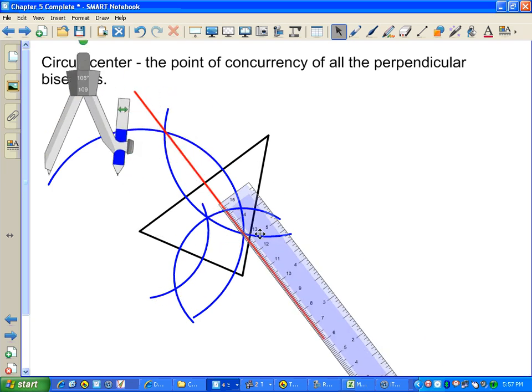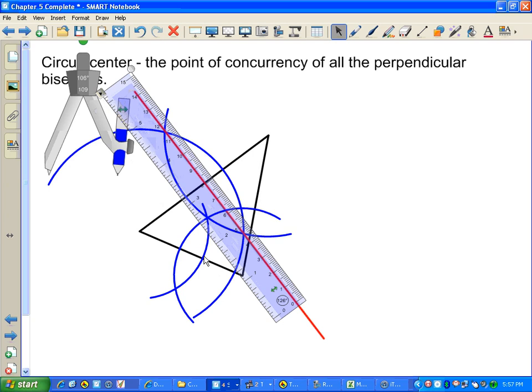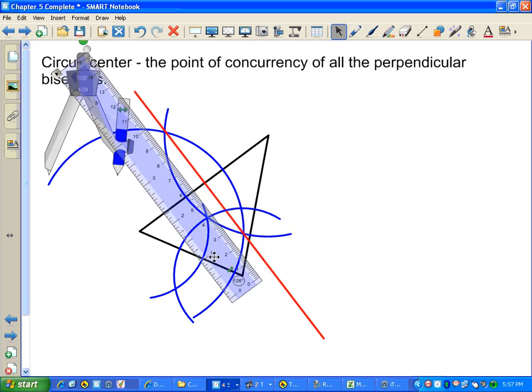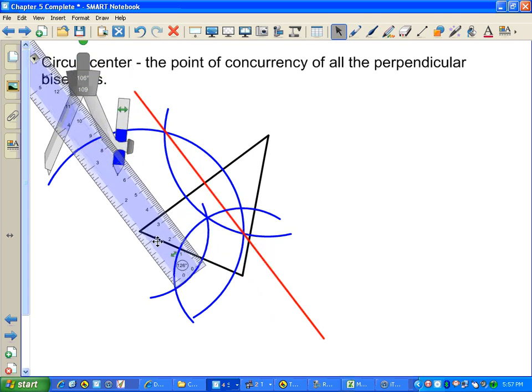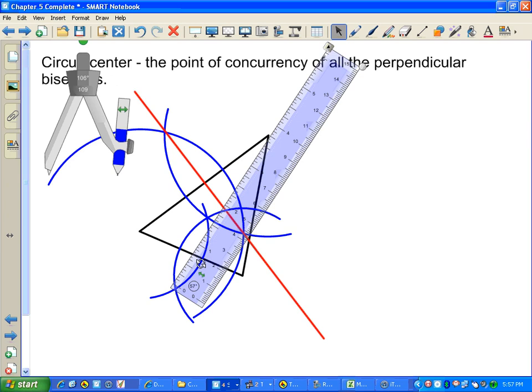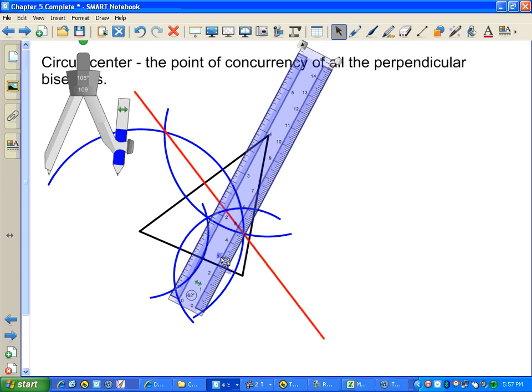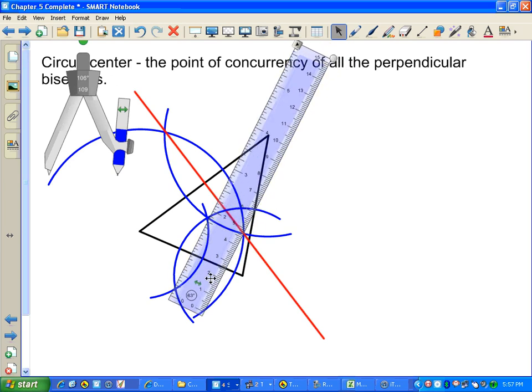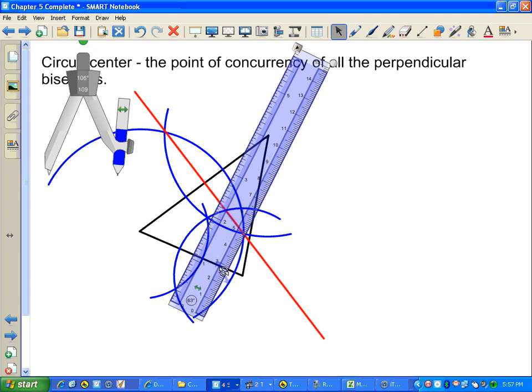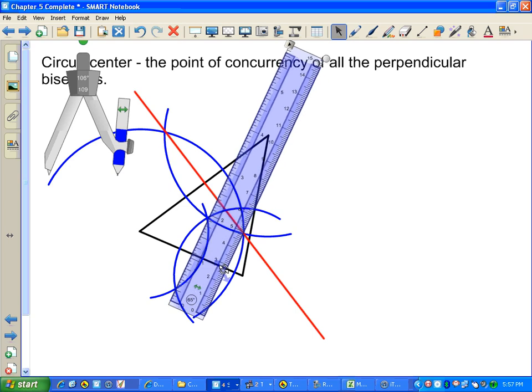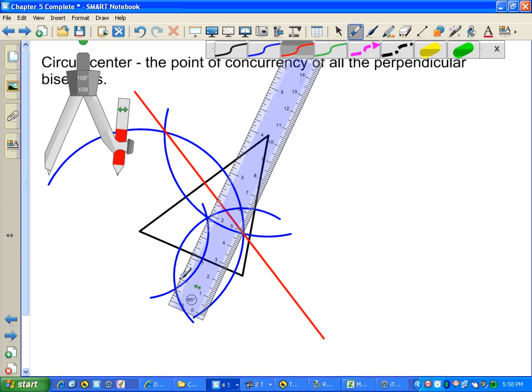Okay, I'm going to connect those. Okay, so right now I've got those two crossing.